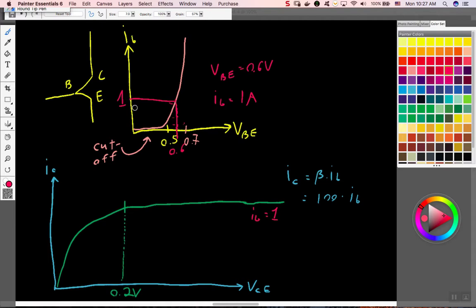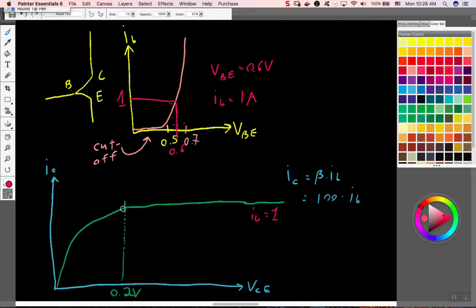And then the whole green graph is IB equals 1 ampere. This whole green graph is what happens to VCE and IC, the relationship between VCE and IC when IB is equal to 1.